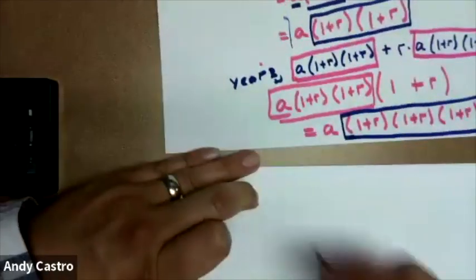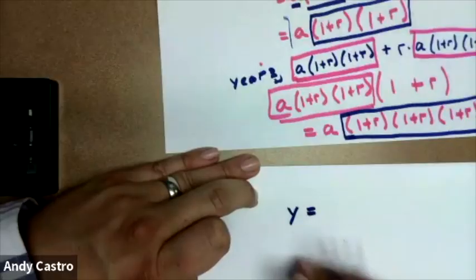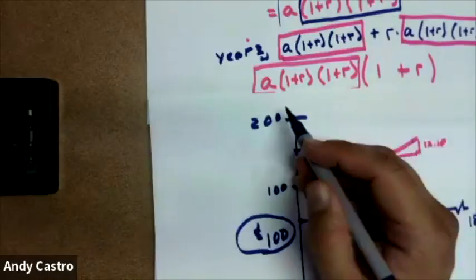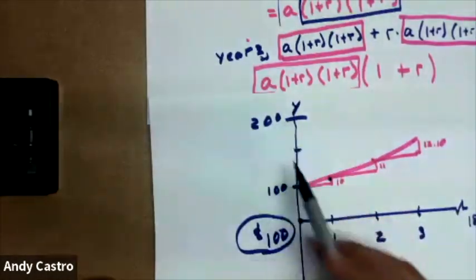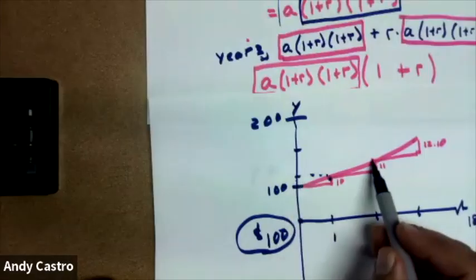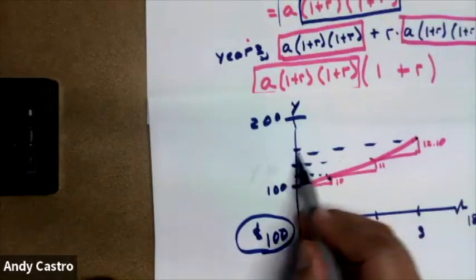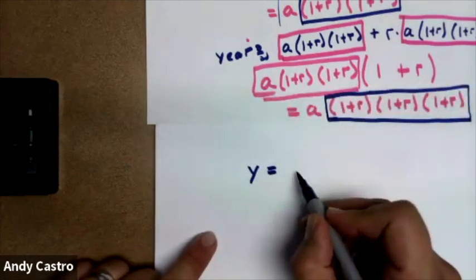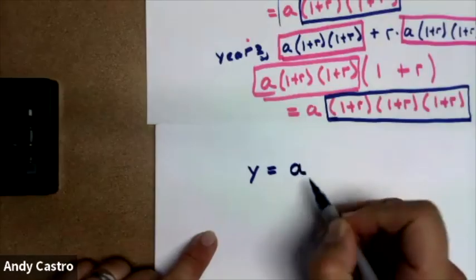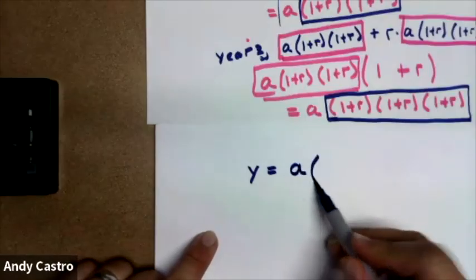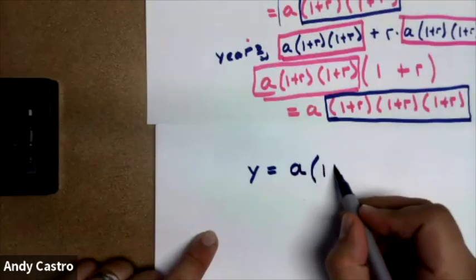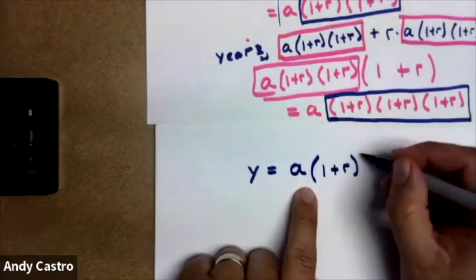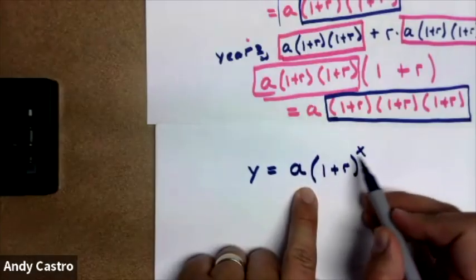Generically, the amount that we're getting, or y, okay, if we go back to our graph, y would be the amount of money that we're getting, 100, 110, 121, 133.10, is equal to the initial amount of money that you put in the bank times the quantity, 1 plus the rate, and I'm going to multiply this 1 plus the rate times however many years.